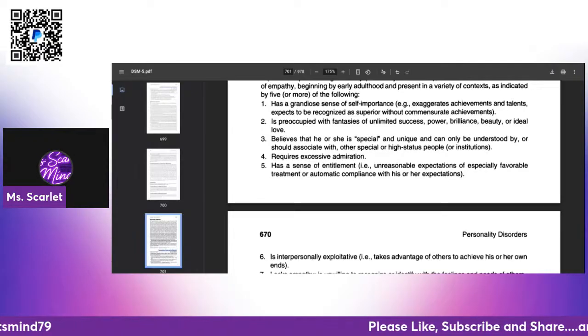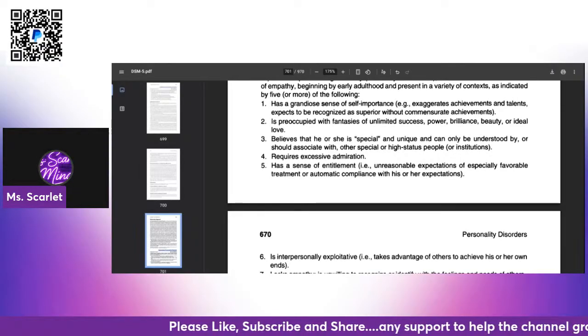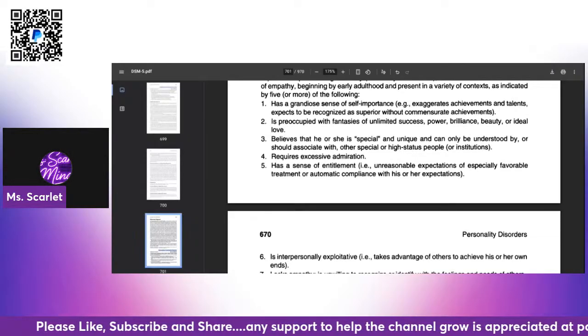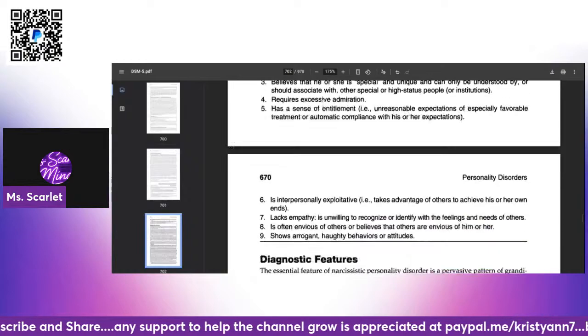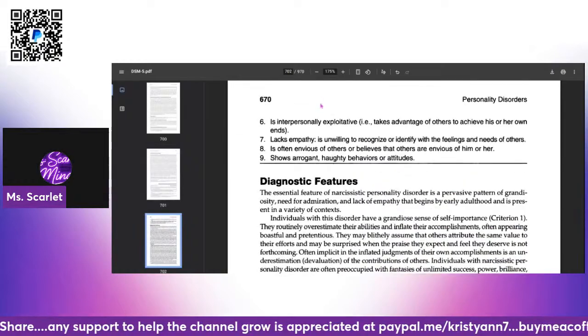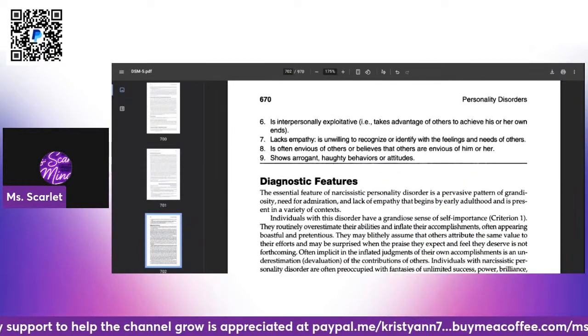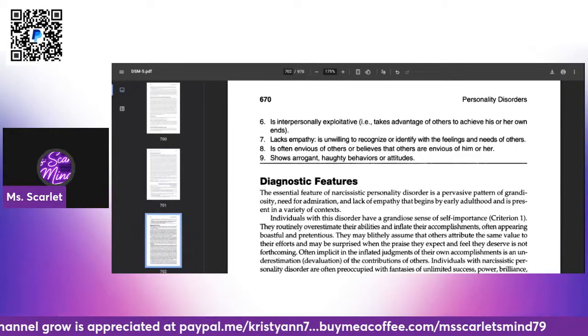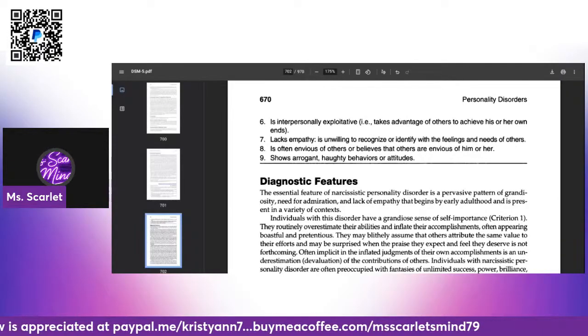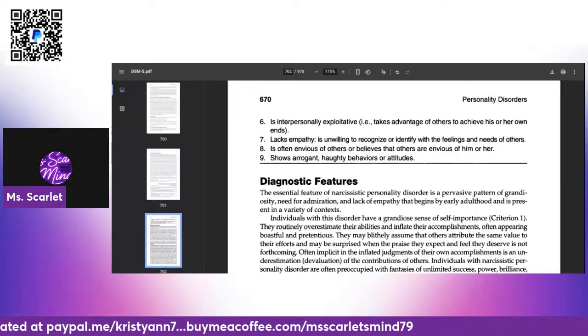Number 5, has a sense of entitlement. For example, unreasonable expectations of especially favorable treatment or automatic compliance with his or her expectations. Number 6, is interpersonally exploitative. For example, takes advantage of others to achieve his or her own ends.